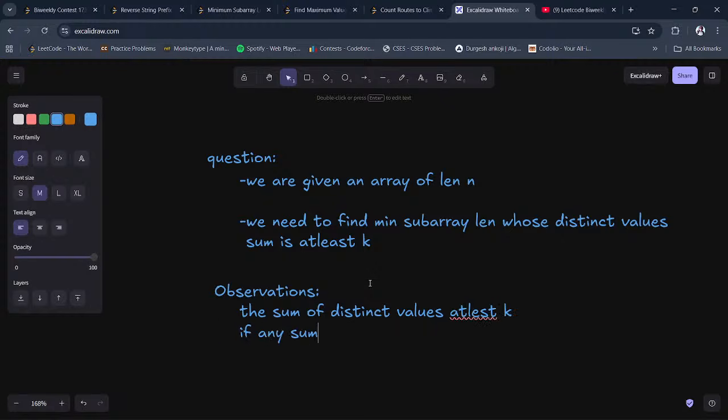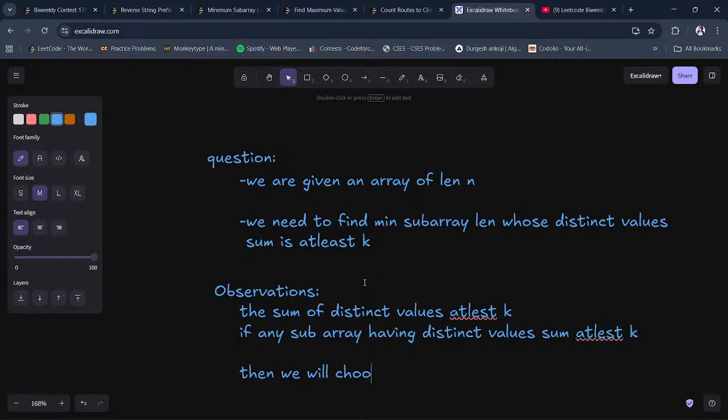If any subarray has a distinct values sum of at least k, it is one of the possible answers.